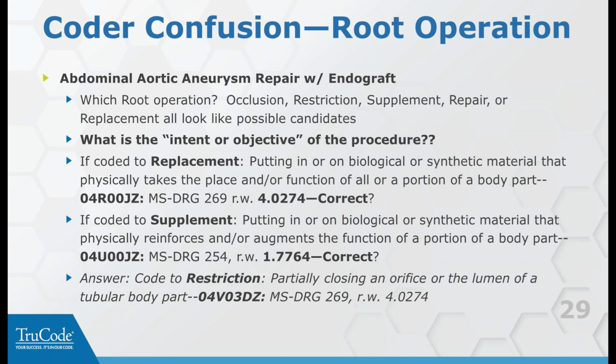And in this particular case, you are trying to partially close that aneurysm so that it doesn't expand and rupture, but you also want to make sure that it's left partially open so that the blood can continue to flow through the vessel. And you can see again that when you code it to restriction, you get that MS-DRG 269. So again, important to realize how much the root operation can drive the DRG assignment. At the bottom, you see several Coding Clinic references that refer to abdominal aortic aneurysm repair.